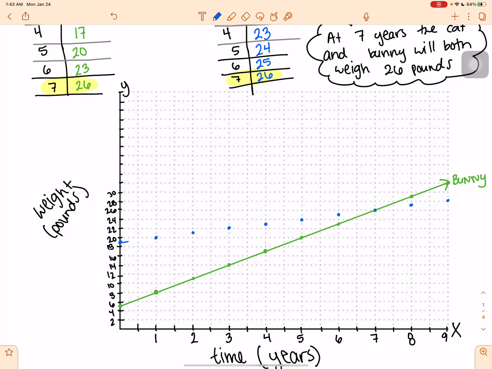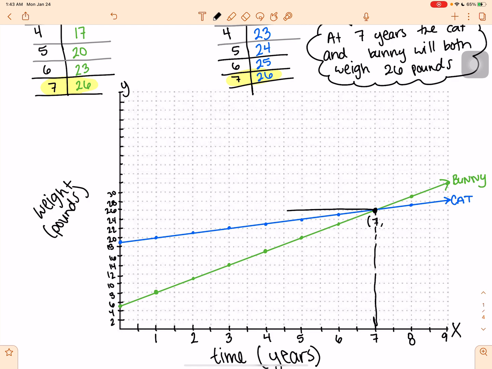Okay, so then if you draw your nice straight line here, and if you plot your points correctly, your ruler should go through all the points perfectly. This is the cat. So here you can see their point of intersection is here at 7, right? If you go down, 7.